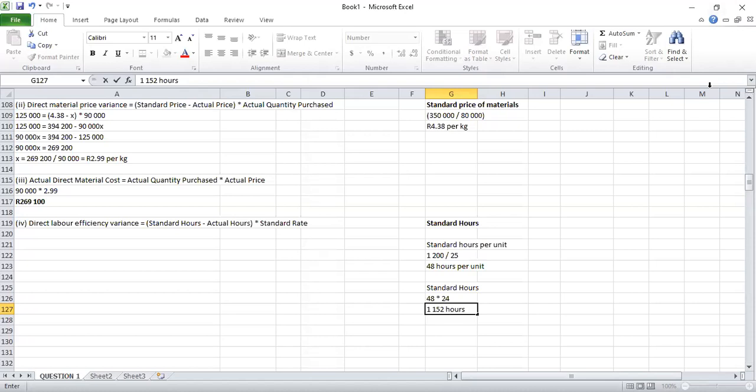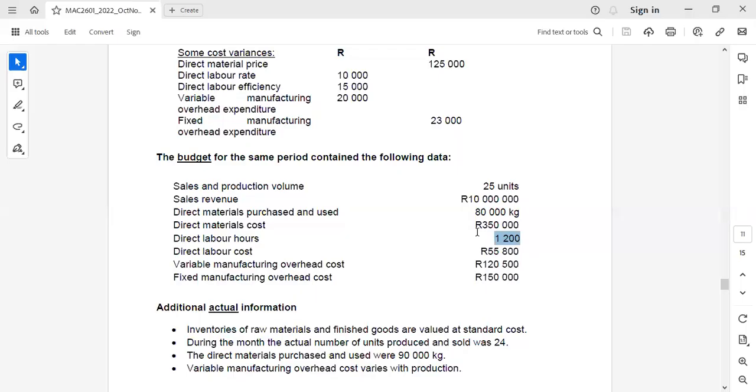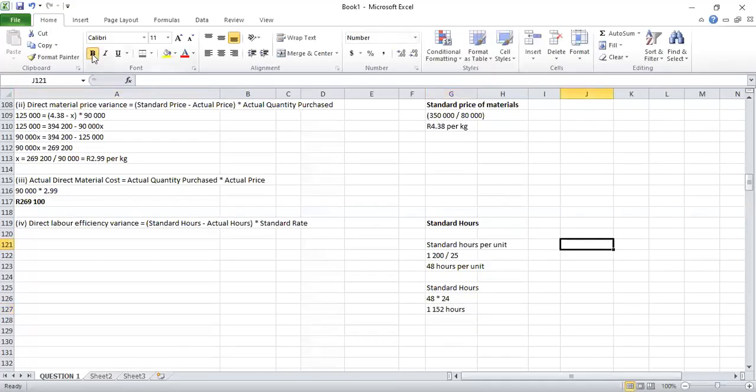But what was the standard rate, our rate per hour? The cost was 55,800 and the hours were 1,200. We can get the standard rate there. Standard rate will be equal to 55,800 divided by 1,200.